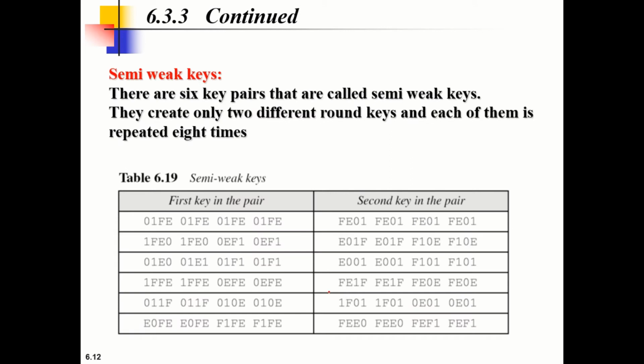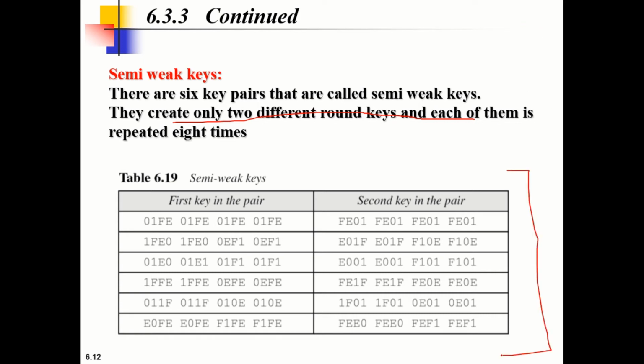Okay, next comes the semi-weak key. Now, for semi-weak keys, we have six key pairs, which we call semi-weak keys. So they create only two different round keys. We have 16 rounds, and for those 16 rounds, only two keys will be generated after using these key pairs.